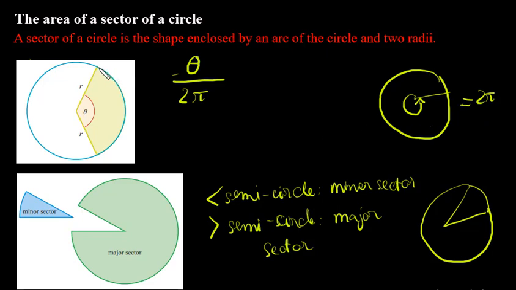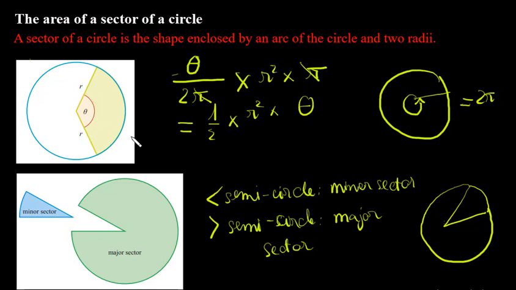So in order to find the area of a part of a circle, we find the ratio of that part over the whole. In this case it would be 2 pi, because 360 degree converted into radians equals 2 pi. And we know the area of a circle is calculated by pi multiplied by r squared. Now the pi cancels, and it will be equal to 1 over 2 multiplied by r squared multiplied by theta.